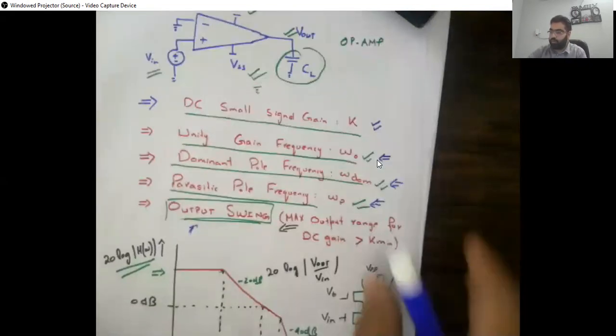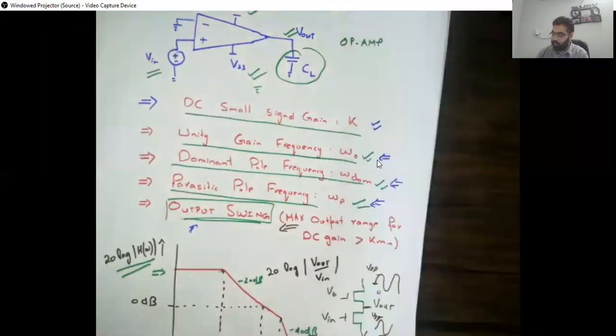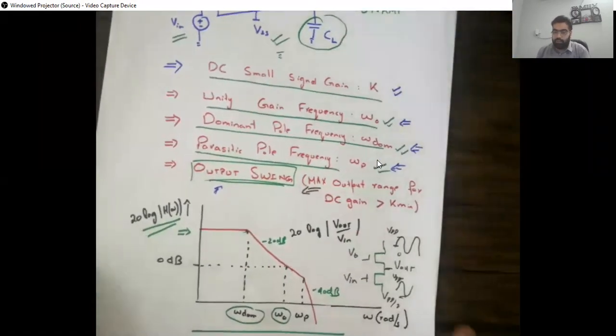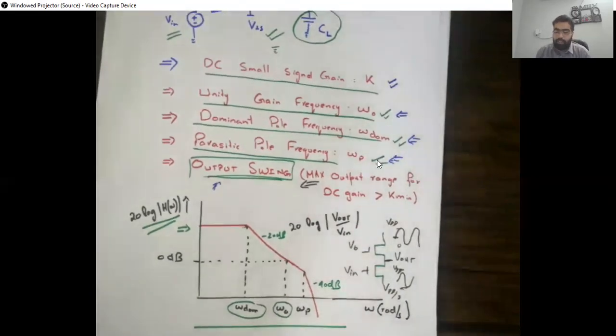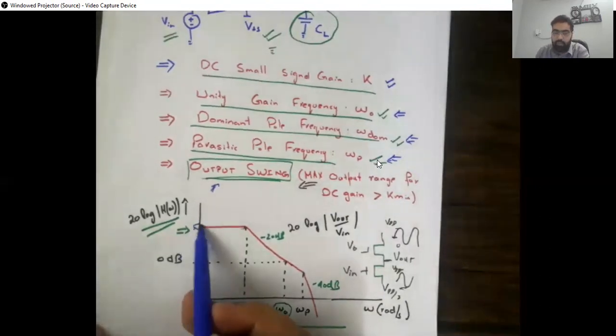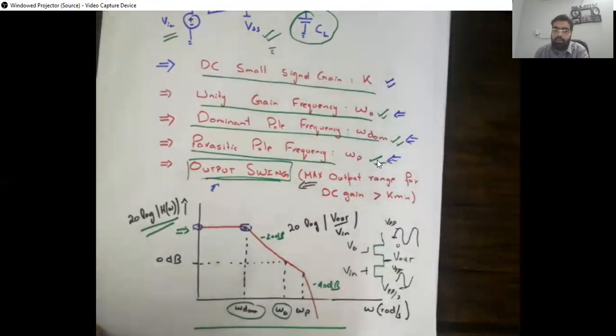When we talk about the pictorial representation, let me just make a space here. If this is the gain bandwidth curve, which we commonly call the magnitude curve, this point I am pointing out is going to be the DC gain. Then the node where it starts the 20 dB per decade decay is the dominant pole, or the open loop bandwidth of an amplifier.